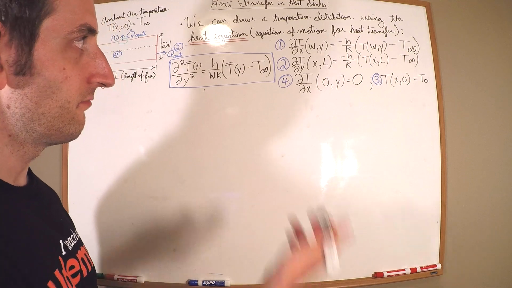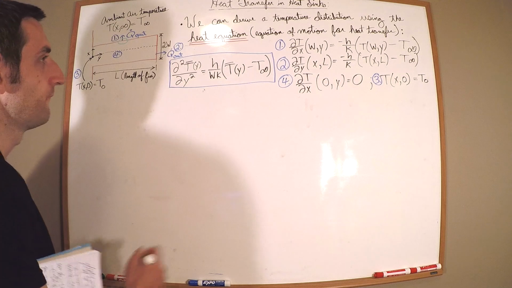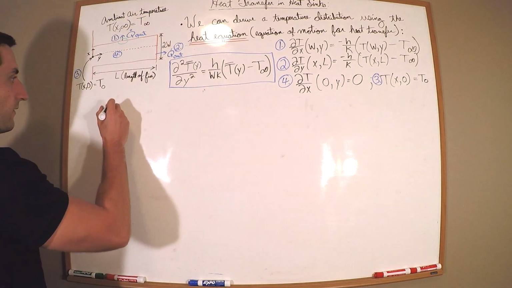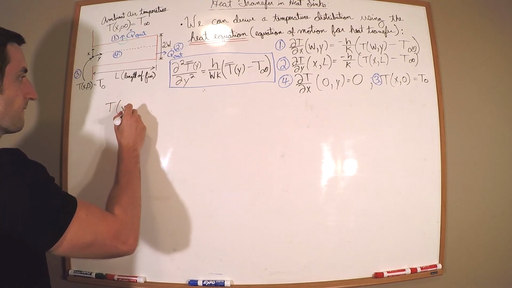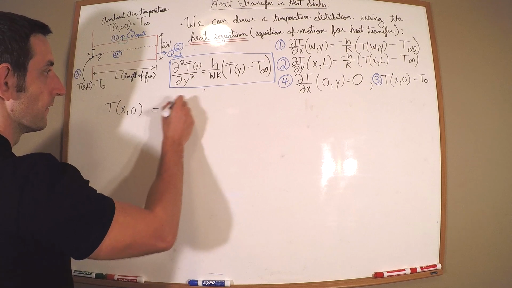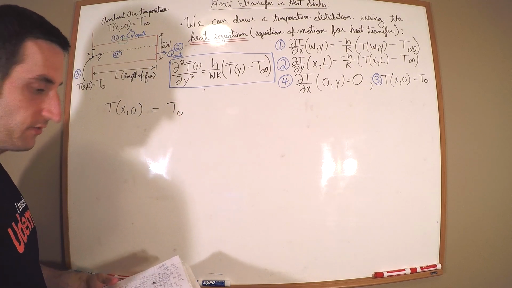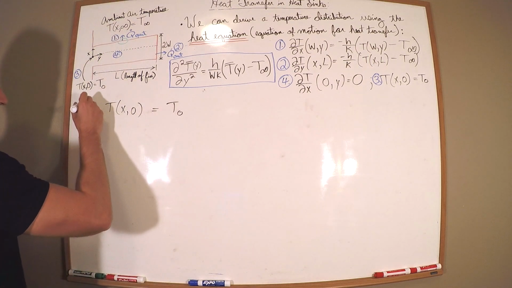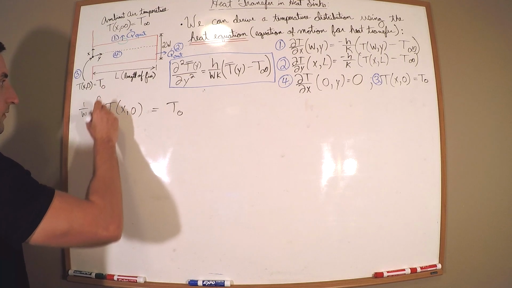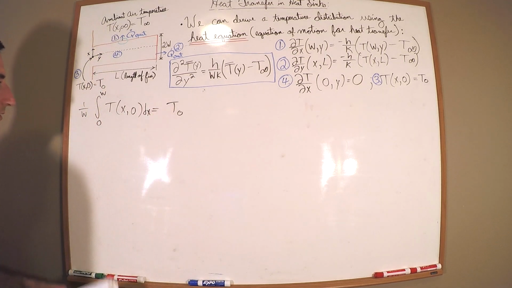So as you can imagine, this one is super straightforward. Let's do that. Okay, so we take T of x naught is equal to T naught. What we're going to do is 1 over w, integral 0 to w. We're going to integrate over x.